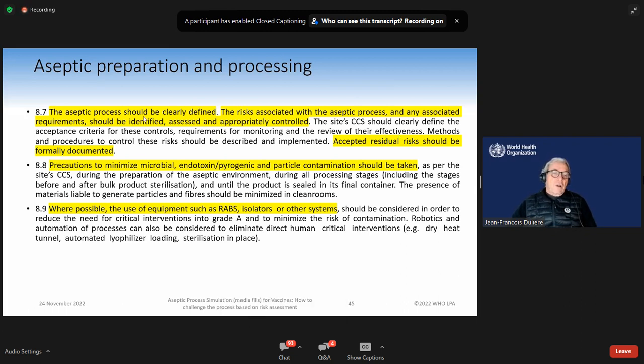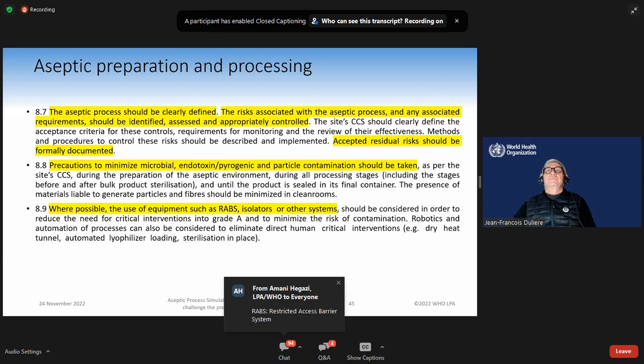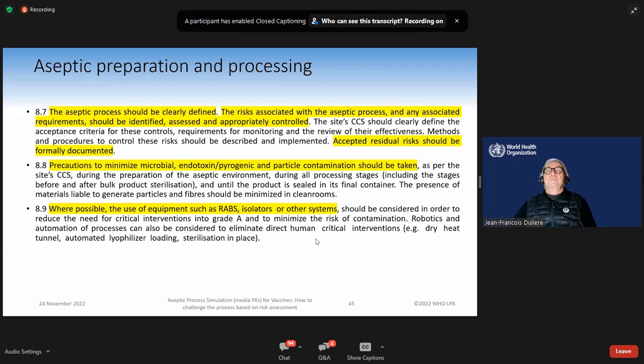As it is for sterile product and aseptic production, we need to minimize microbial, endotoxin, pyrogenic, and particle contamination. Precautions. Again, for equipment, they said, where possible, use equipment such as RABS, isolator, or other systems.